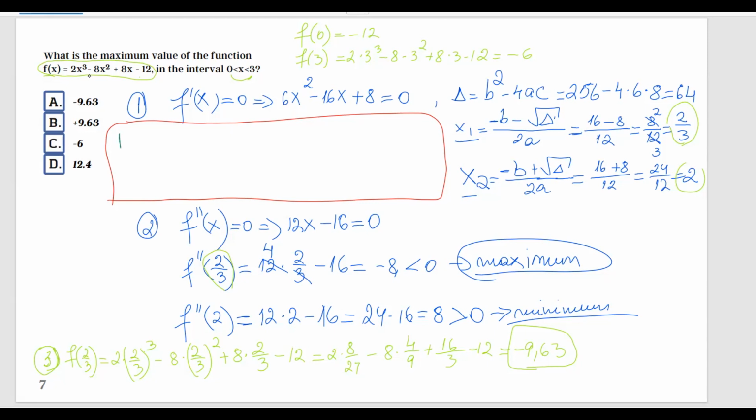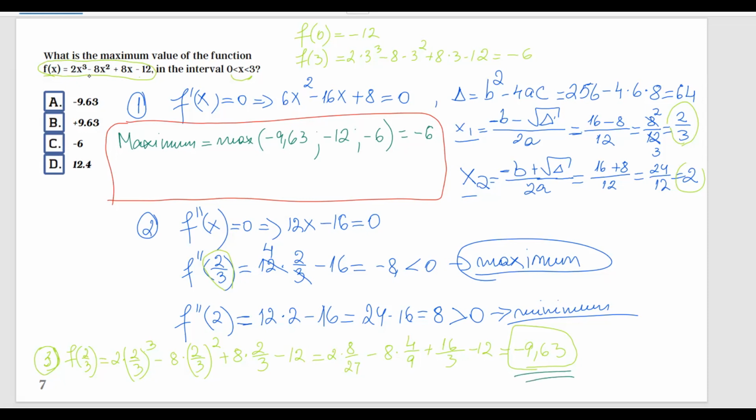So I'm going to say that the maximum of this function equals the maximum value of minus 9.63, minus 12, minus 6, which equals the maximum value out of these 3, which is minus 6. So just a note: if we hadn't been given this interval, our maximum would have been minus 9.63.